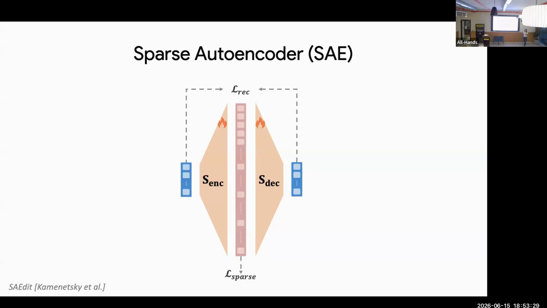So different aspects about the image, or here the text, are going to be represented by different entries, by different dimensions in this sparse vector. Now let's see how we use this sparse autoencoder to find the editing directions in the text space. Specifically, we train the sparse autoencoder on text tokens produced by the text encoder.